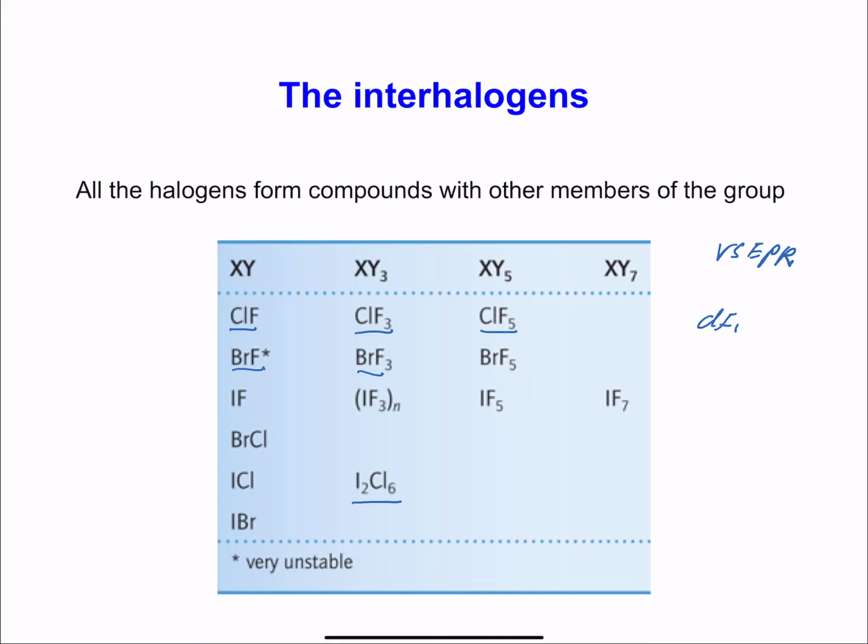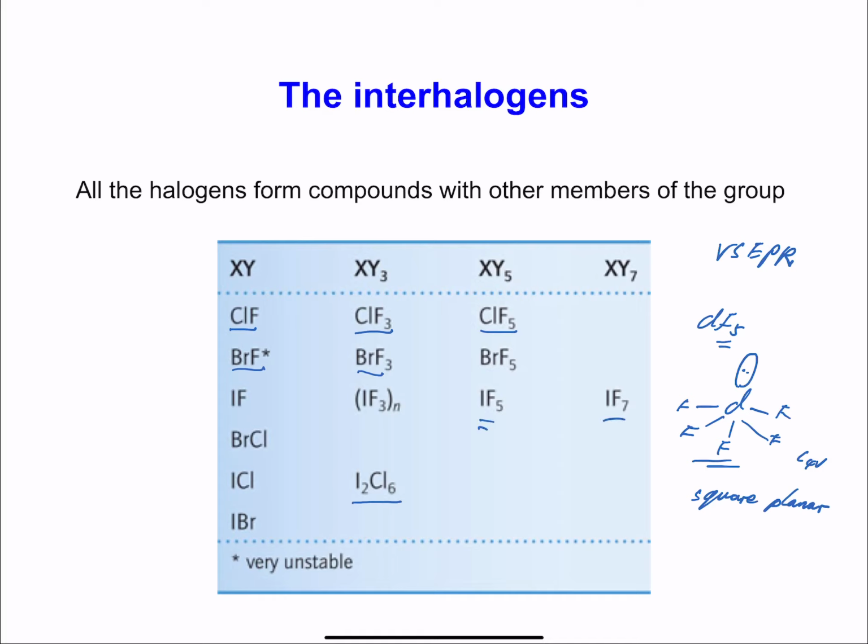Make sure you can use VSEPR to draw the structure of these interhalogen compounds. Let's give an example. Let's use chlorine pentafluoride. We have 5 fluorines, which means we need to form 5 chlorine-fluorine bonds, right? Chlorine has 7 electrons, and we use 5 electrons for the 5 bonds.